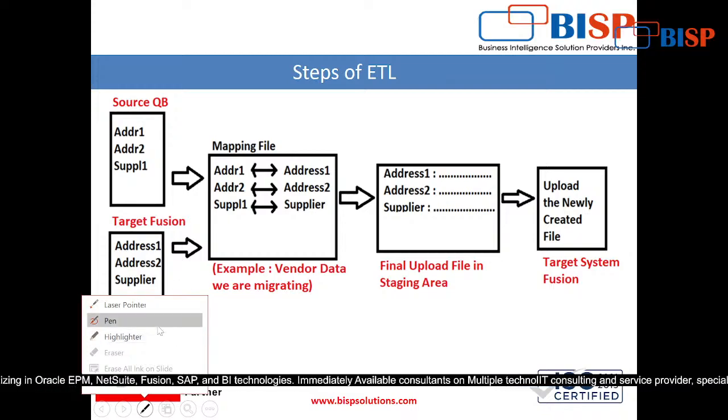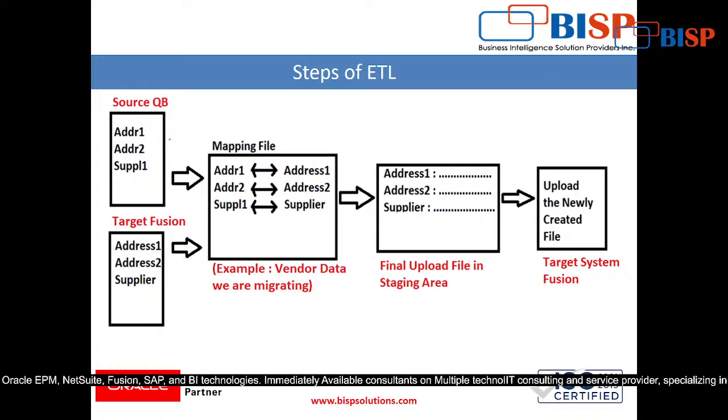Now see here, let's take a pen. This sheet contains the data also, but wrong headers, and this sheet contains only headers because in Fusion there is no facility of data.